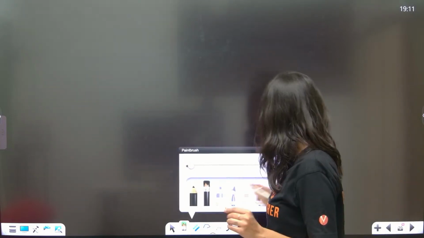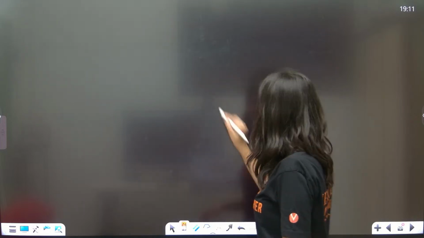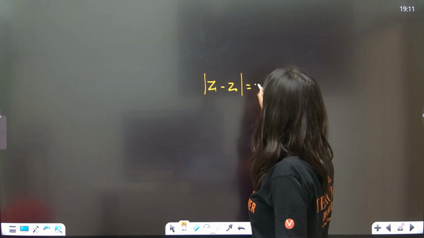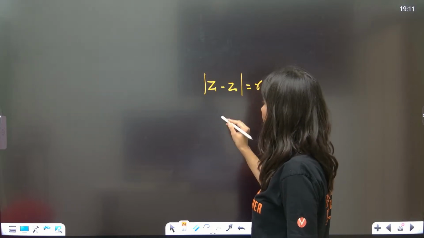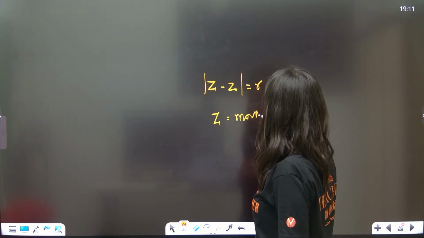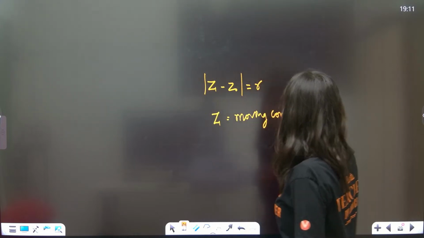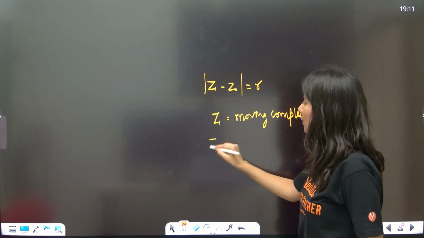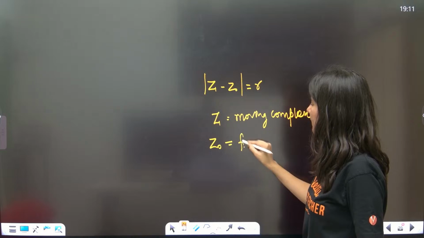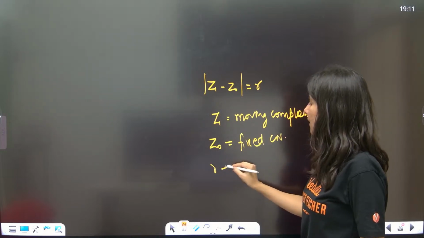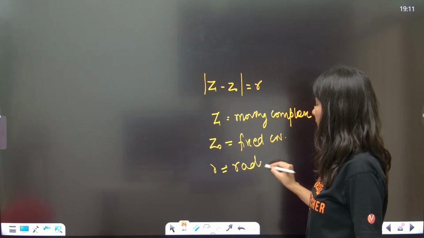Now one more thing you should know when you start complex numbers: mod of z minus z naught is equal to r, where z is the moving complex number, z naught is a fixed constant complex number, and r is the radius.